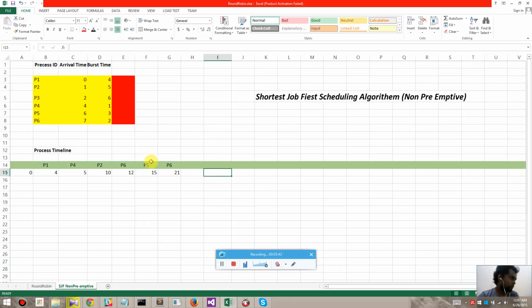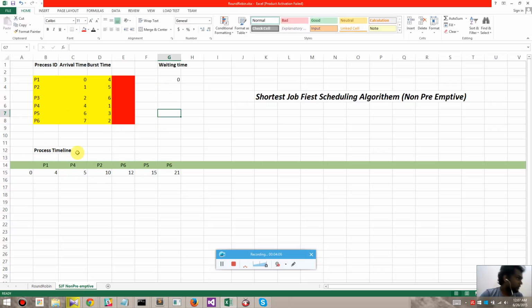Okay, timeline should be 21, and if we consider the waiting time, let's add a new column named waiting time. If you take process 1, it came at arrival time 0, and it started at 0, so it started directly, so the waiting time is 0.